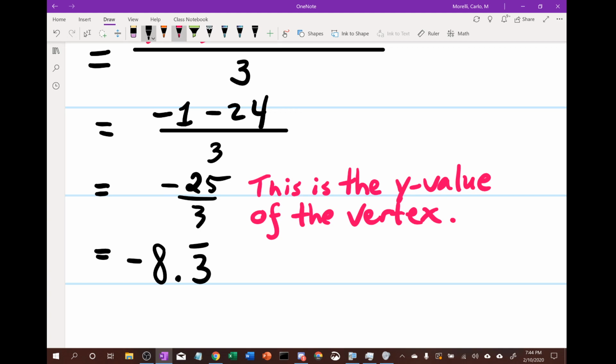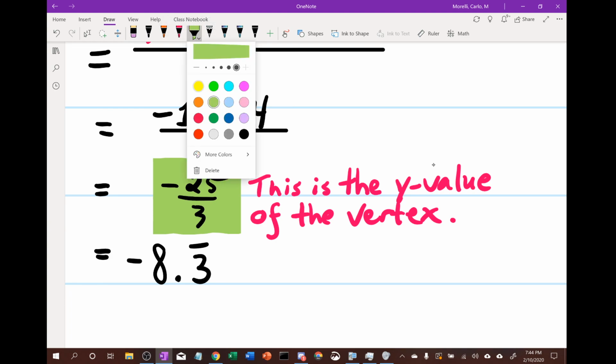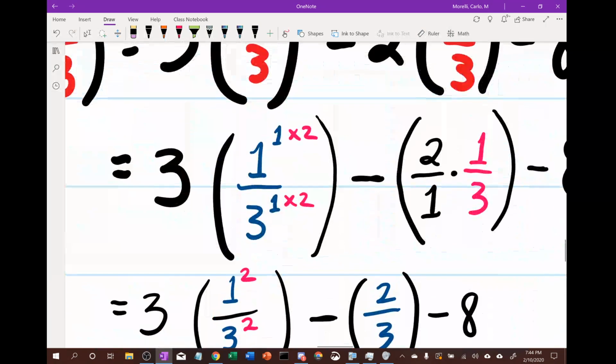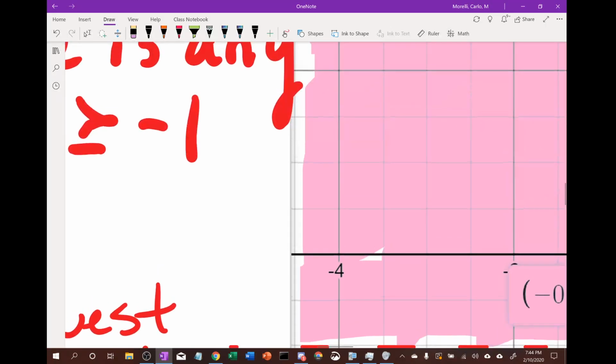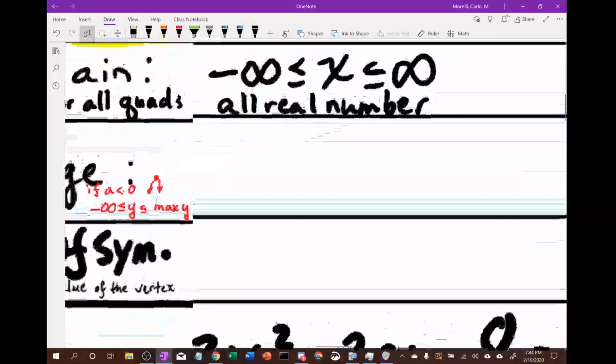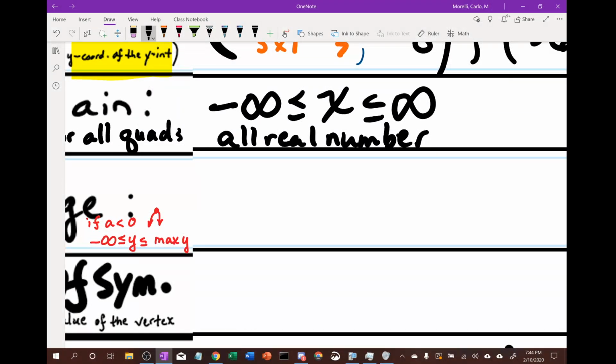Negative 8.3 repeating. That's correct. So either negative 25 thirds if you're using exact values or negative 8.3 repeating. Good job. We should settle on a form we're going to use, but I'll just write negative 8.3 repeating. And then what inequality symbol do I write next?